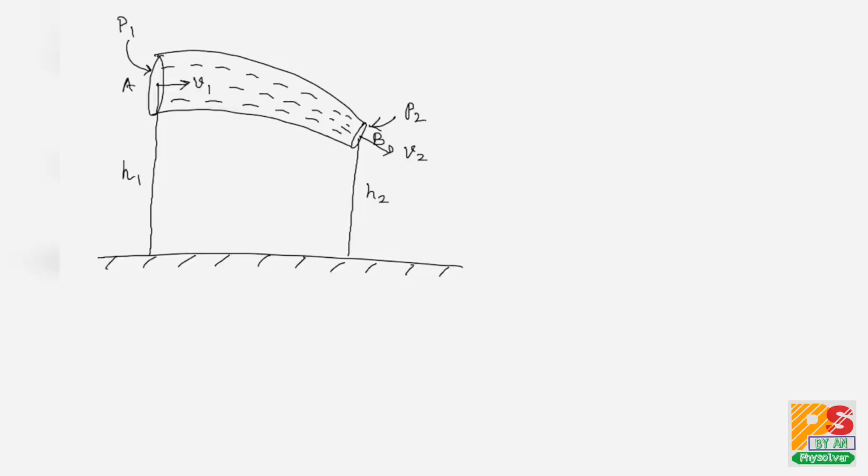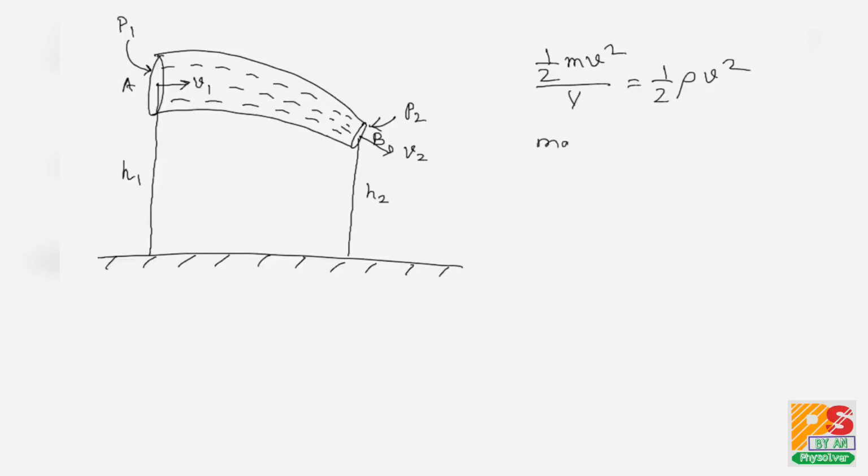Now according to Bernoulli's principle, the sum of kinetic energy, potential energy and pressure energy per unit volume should remain constant at any cross section of the flow tube. Now, what is the normal formula of kinetic energy? Half mv square. So kinetic energy per unit volume will be half rho v square.